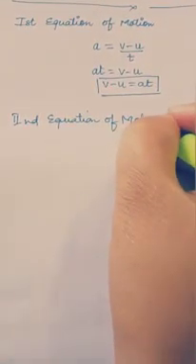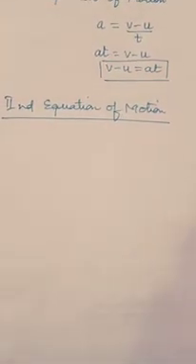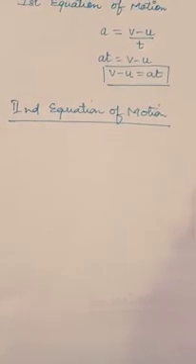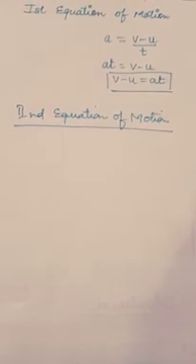Second equation of motion. Now let us see this. Again, the same thing you are going to write. Consider an object moving with initial velocity u such that the acceleration is uniform for it. Then after time t, the final velocity becomes v.